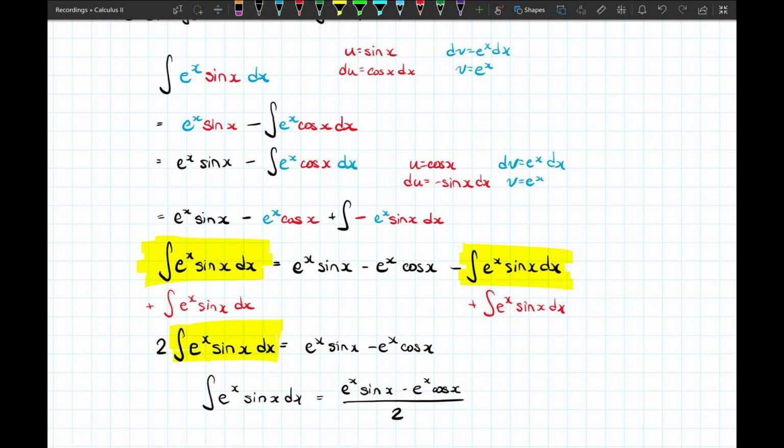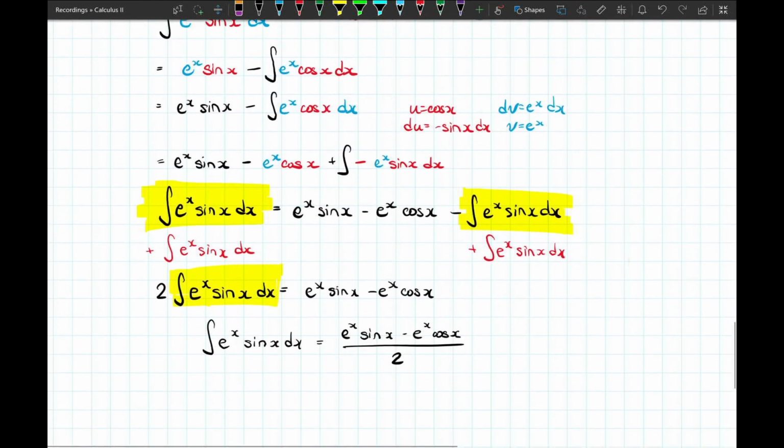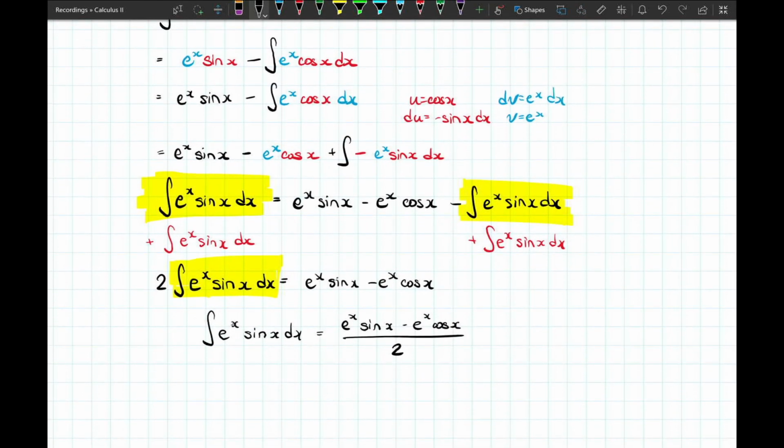And there we go, we actually have an expression. Now, of course, since this is an antiderivative, the antiderivative we've just found is one particular antiderivative. We'll still need to add our constant of integration, and we could write this as a nicely factored expression. And therefore, the general antiderivative of e to the x sine x is e to the x over 2 times sine x minus cosine x plus c.